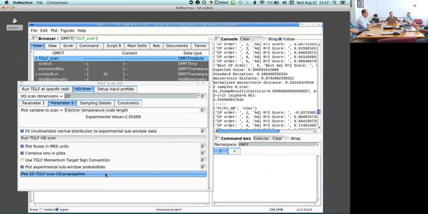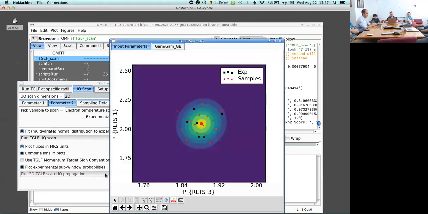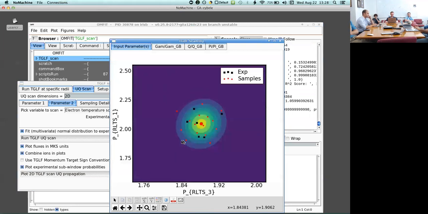So we can plot to see how this 2D TGLF scan would look. Now we're seeing the input probability distribution being a bivariate normal distribution. And we have the experimental values. We have the best probability distribution that explains those experimental values. And we're choosing some samples from these 2D input parameters.